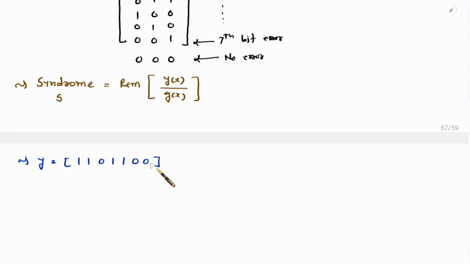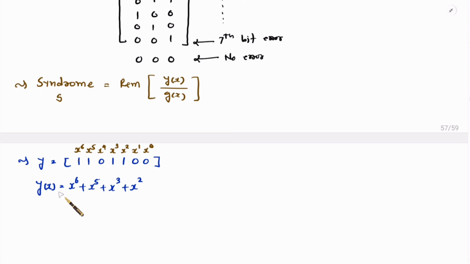Now from this received data, if you want to write down y of x, then here one should know, see, with this first bit, we have x to the power 6, second bit is having x to the power 5, then x to the power 4, x to the power 3, x to the power 2, x to the power 1, and x to the power 0 is there with us, right? So here if you observe, with x to the power 6 we have 1, then x to the power 5 that is having 1, then x to the power 3 that is having 1, then x to the power 2 that is having 1.